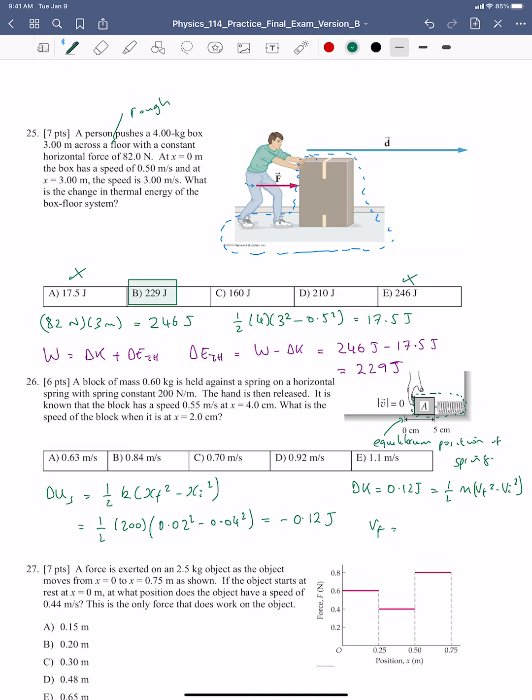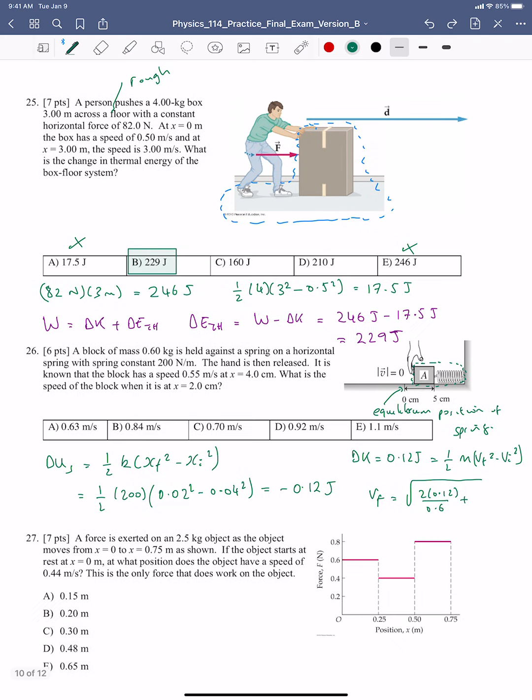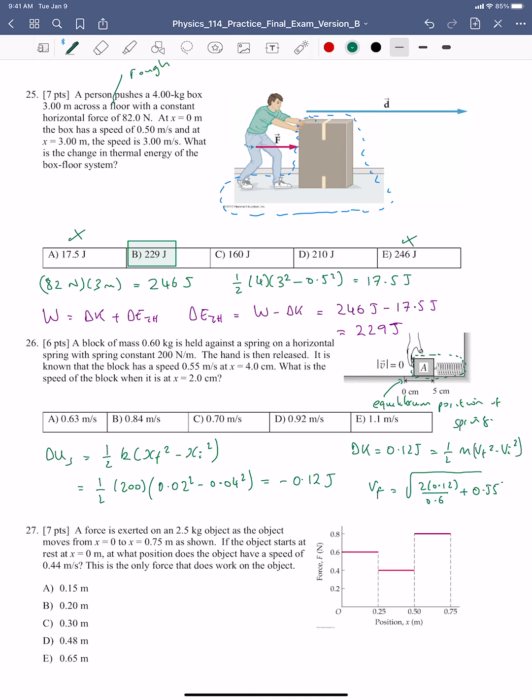So Vf would be equal to the square root of 2 times 0.12 divided by the mass, which is 0.6, plus the Vi squared, which we know is 0.5 squared. And that's just the algebraic steps in my head: first multiplying both sides by 2, dividing both sides by m, then bringing across the Vi squared, and then taking the square root. Let's see what that gives us.